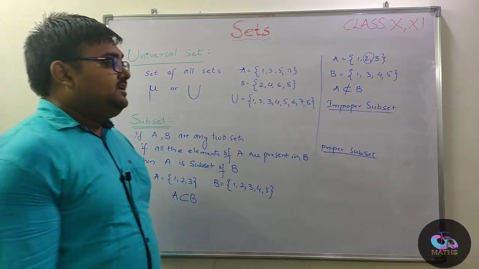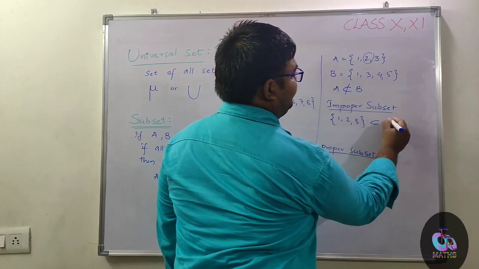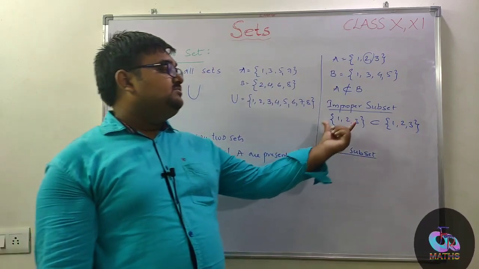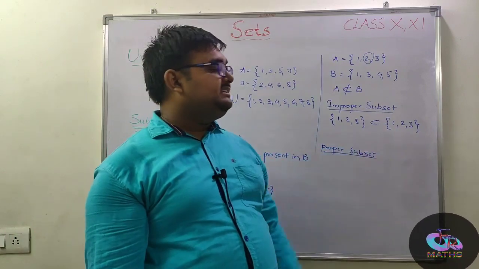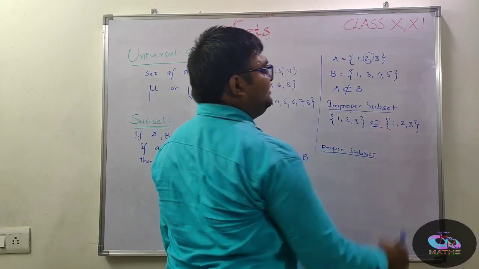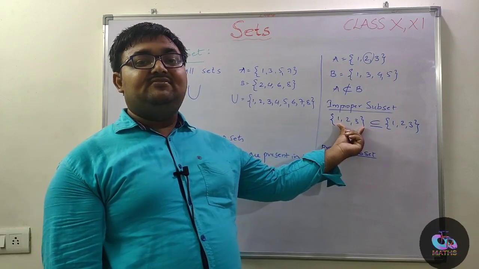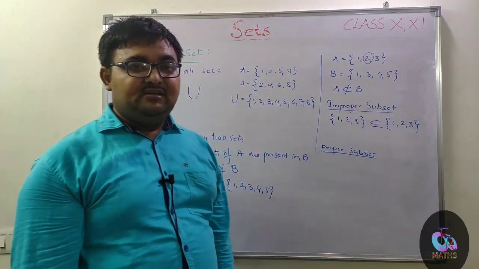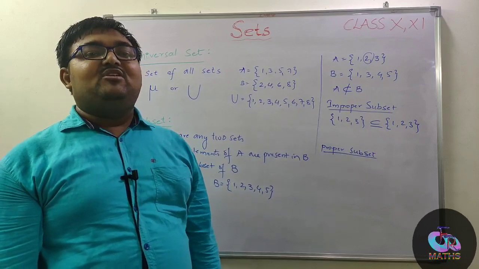Now if I take the set {1, 2, 3} and say it is a subset of {1, 2, 3}, it contains all 3 elements. Can you say it is a subset? Yes, we can, but this is a special condition which we call an improper subset. Improper subset means you are taking all the elements of the set as it is, so we call it an improper subset. So when can you say it is a proper subset?